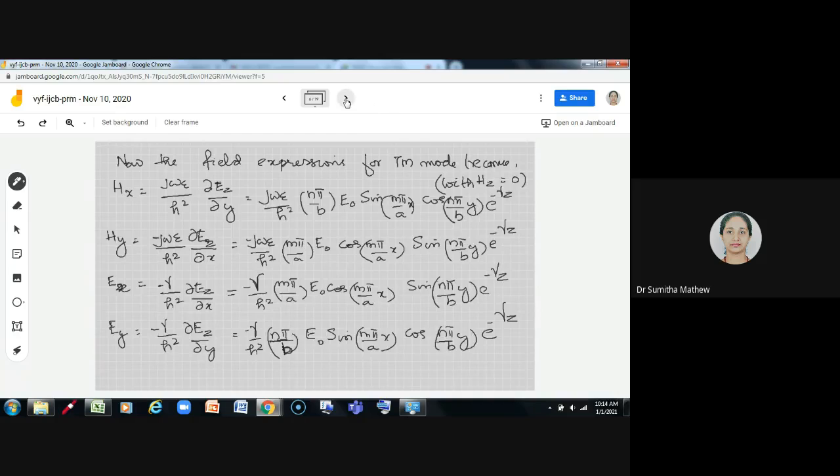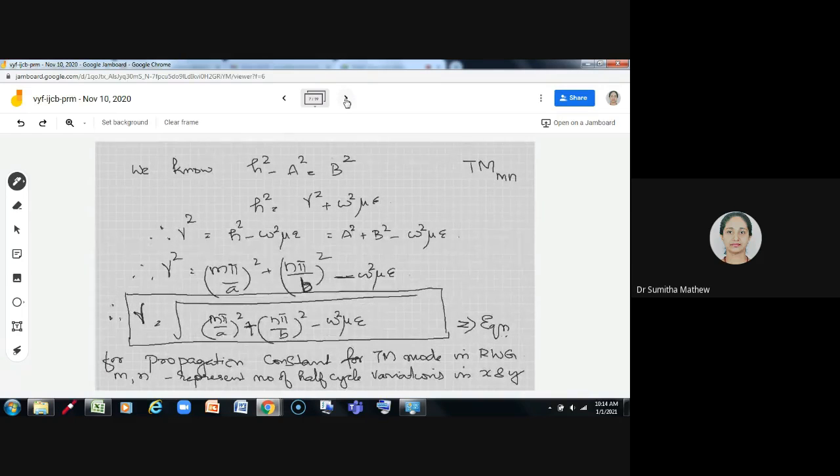Now what? We know that h square is equal to a square plus b square. This we have written earlier. And small h square is equal to gamma square plus omega square mu epsilon, so gamma square is equal to h square minus omega square mu epsilon.